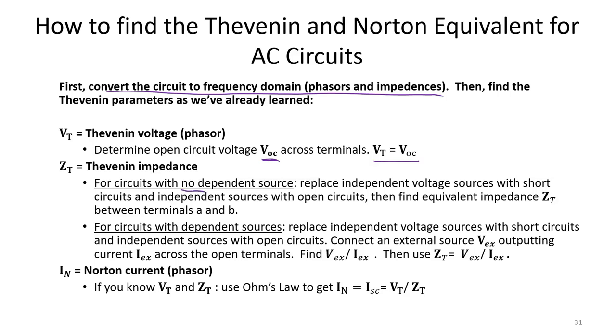If we have no dependent source, we replace voltage sources with shorts, replace independent current sources with opens, and then find our equivalent impedance.